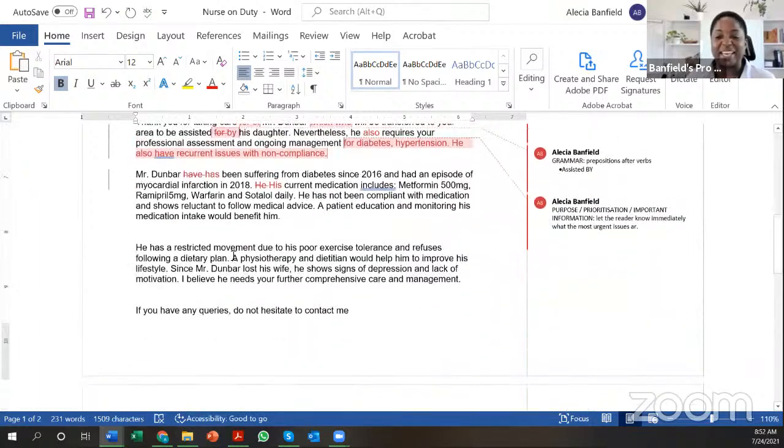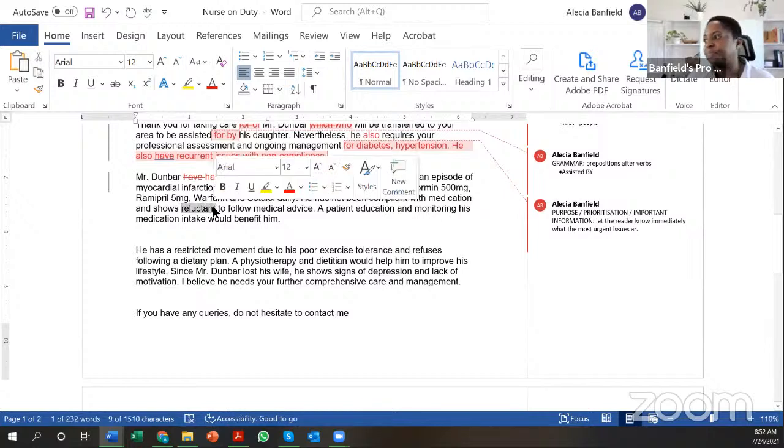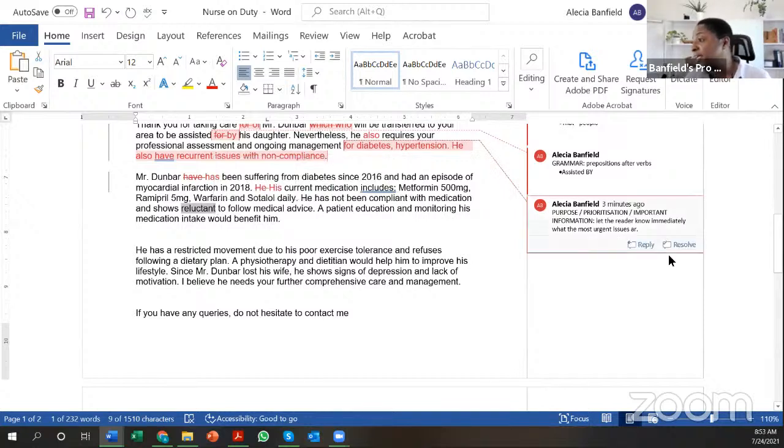So his current medication includes metformin, ramipril, just put a little space between here, warfarin, and sotalol daily. He has not, and look, you got it right here, he has not been compliant with medication and shows, now let's talk about word families. He shows reluctant. Oh, his current medications include, yes, Sherika.